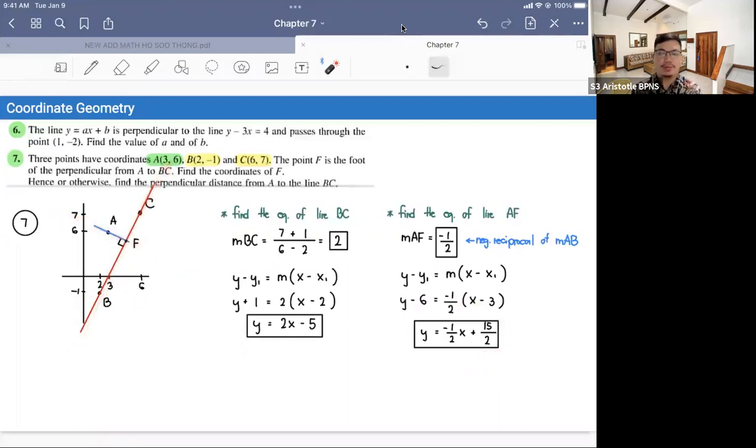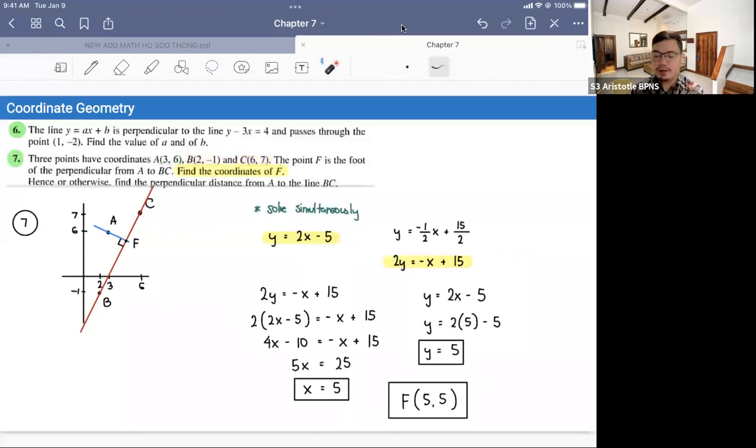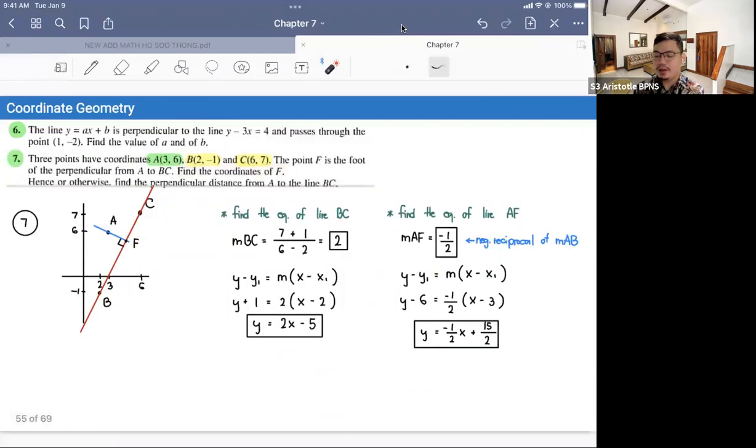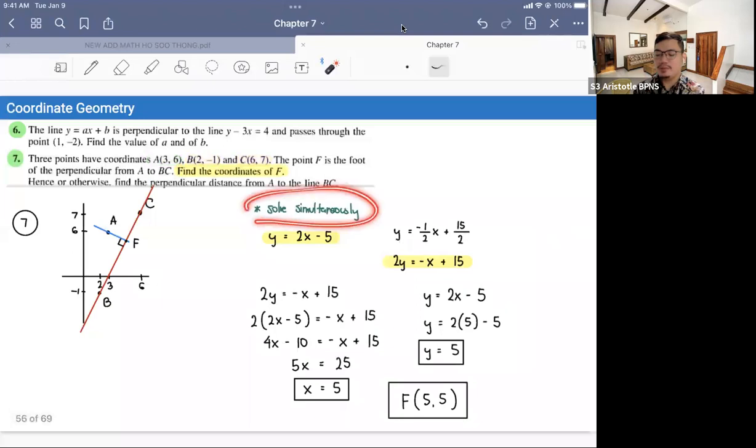Okay, none? All right. Now, how do we find the coordinates of point P? Now, to find the coordinates of point P, we now need to solve this simultaneously, right? So here is my first equation, and then my second equation is this now, right?